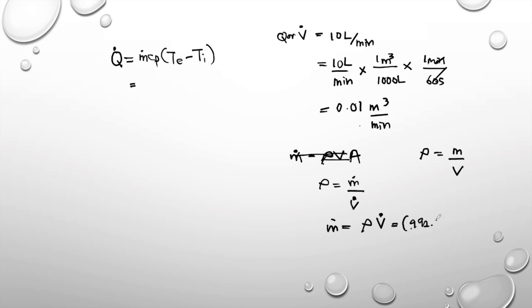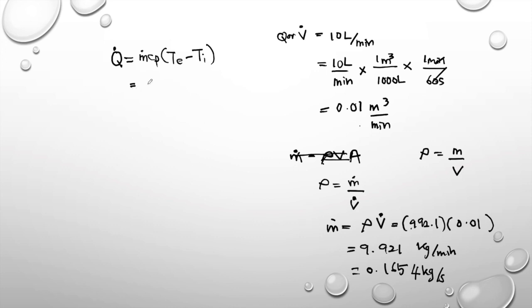So your density is 992.1 times 0.01, so you will get 9.921 kilograms per minute, or we can change into per second, which is 0.1654 kilograms per second. So you already have your mass flow rate.